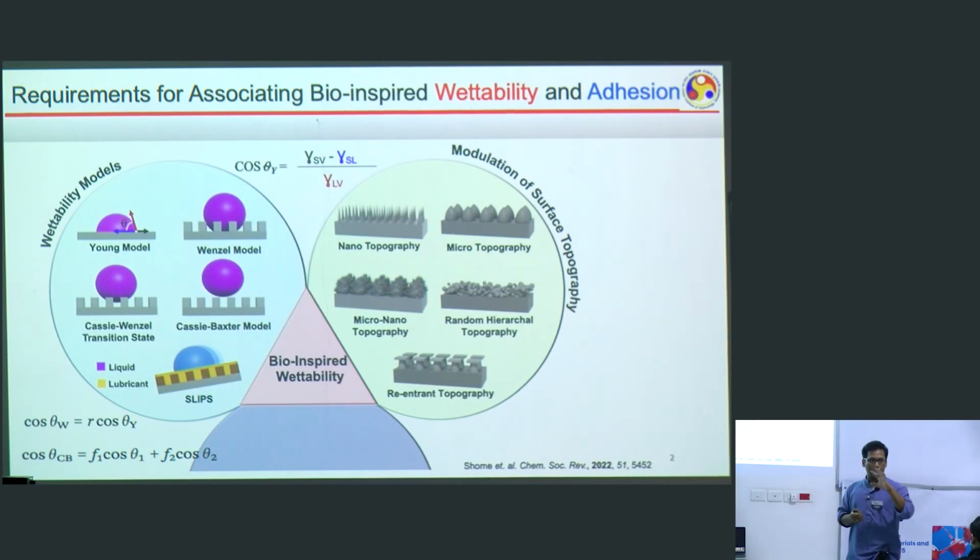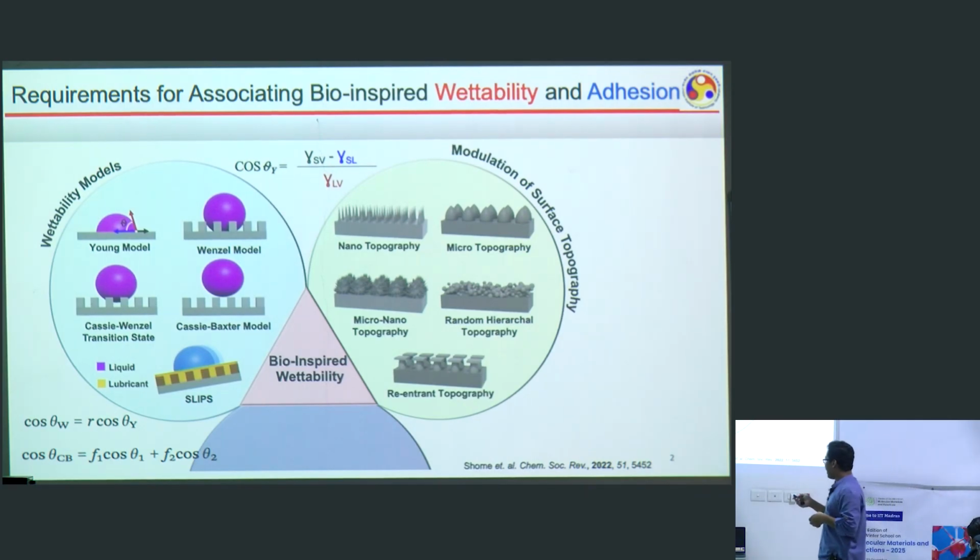But in those approaches, I won't say a major problem, but the chemistry is very blunt. It's just hydrophobic modification, some sort of hydrocarbon chain decorated on different sorts of interfaces having fascinating micro-nano domains.